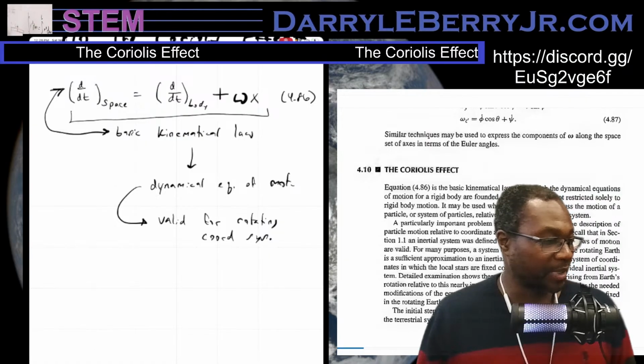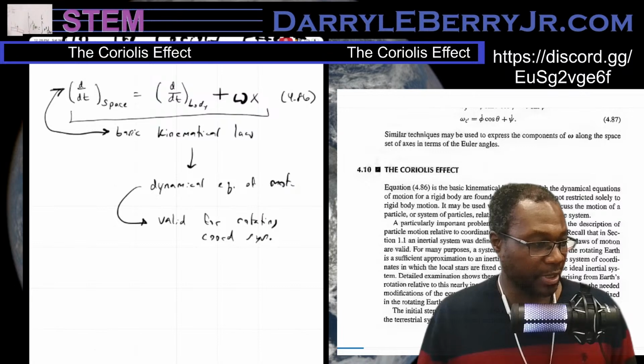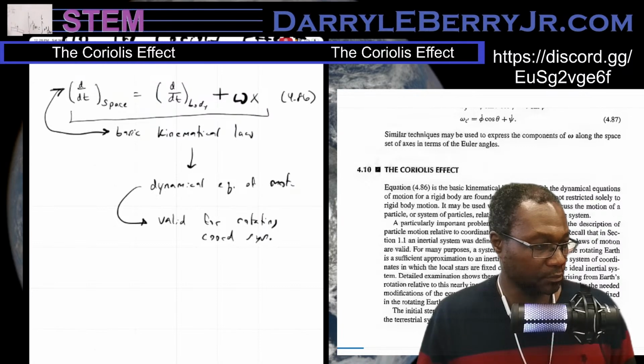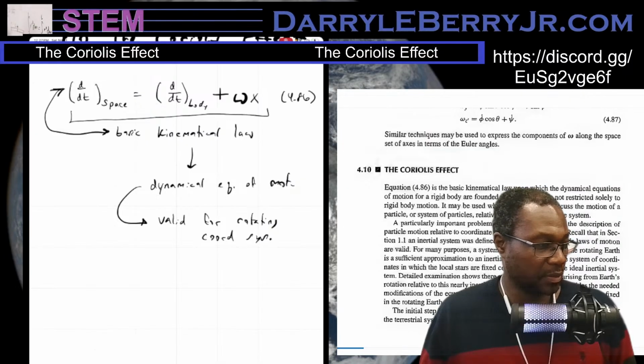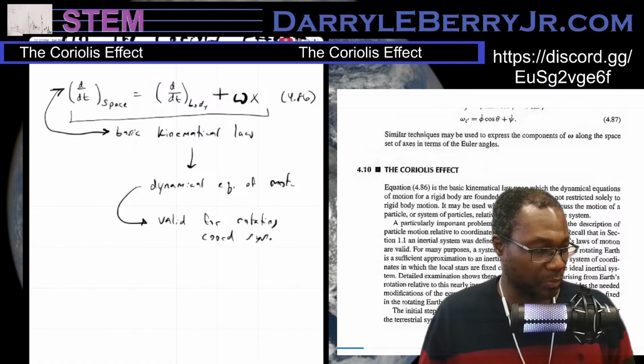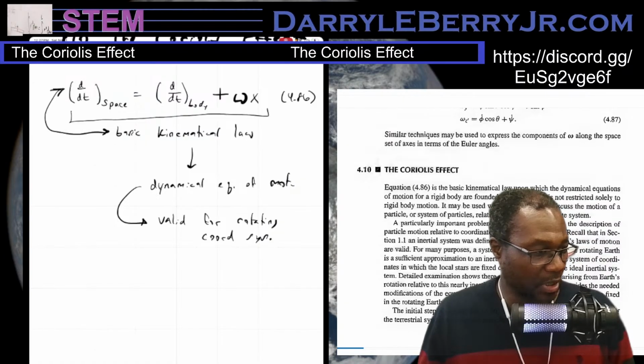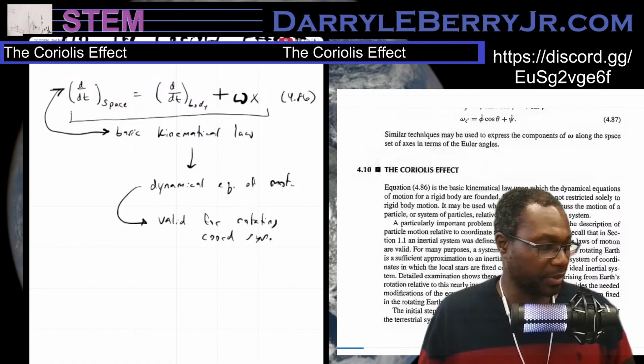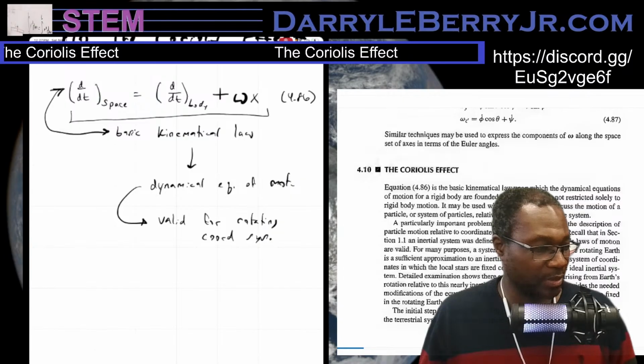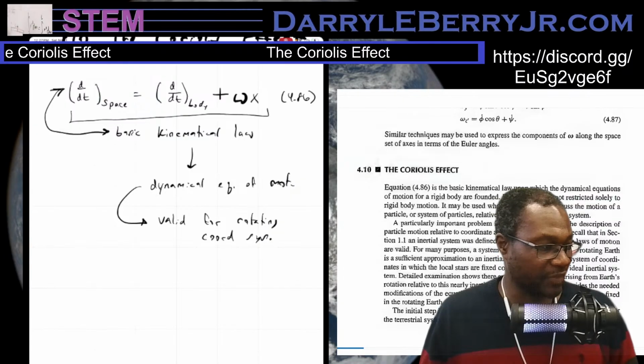A particularly important problem in this latter category, the rotating coordinate system, or system of particles, is the description of particle motion relative to coordinate axes rotating with Earth. Recall that in section 1.1, an inertial system was defined as one in which Newton's laws of motion are valid.